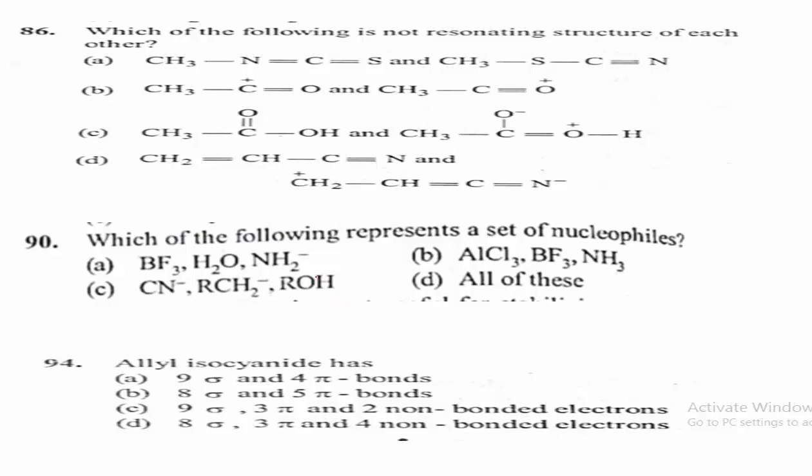If you come to option A, here CS3 is present, but here N triple bond C is present, and here C double bond S is present, but the arrangement of atoms is different. When you observe other examples, there are similar atoms with similar arrangement. Therefore these option A isomers are not resonating structures.